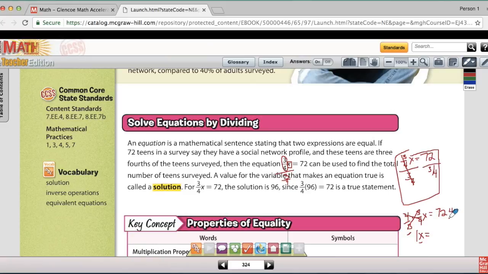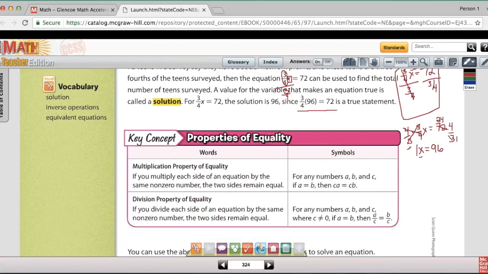So I'm going to take 72 times 4/3. I can actually do some cross canceling here. 3 goes into 3 once, and 3 goes into 72 24 times, and then 24 times 4 is 96. So 1x equals 96. And notice right here, checking your answer is a great habit to get into. 3/4 of 96 is equal to 72.